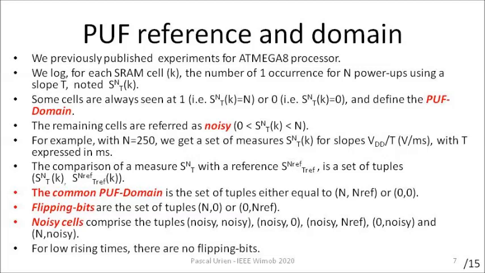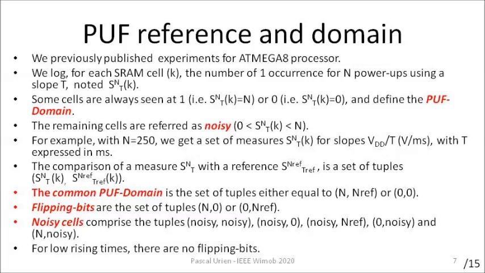For example, with n equal to 250, we get a set of measures SnT(key) for slope VDD/T, with T expressed in milliseconds. The comparison of a measure SnT with a reference SnREF-TREF is a set of tuples (SnT(key), SnREF-TREF(key)).